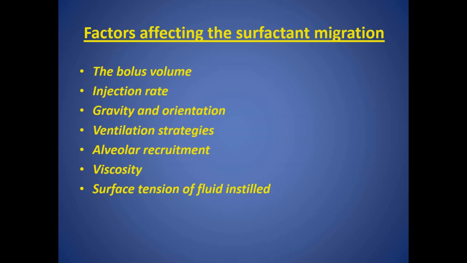However, the most important factor that may affect the migration of surfactant to the lung periphery is probably the surface tension difference between the fluid instilled and the alveolar fluid. This migration of surfactant is based essentially on a simple physical phenomenon, the so-called Marangoni effect.